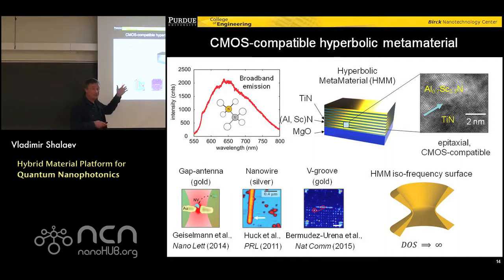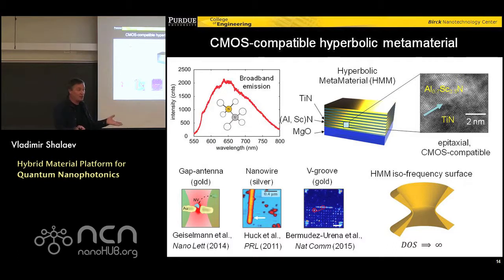If you look at the isofrequency surface in this case, what is an isofrequency surface? Basically, you look at kx squared plus ky squared is equal to omega squared over c squared, and when you do that you have epsilon x, epsilon y and epsilon z in the denominators.